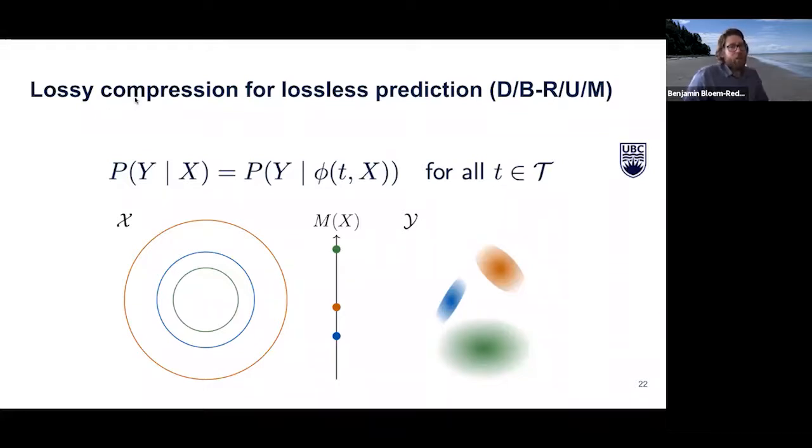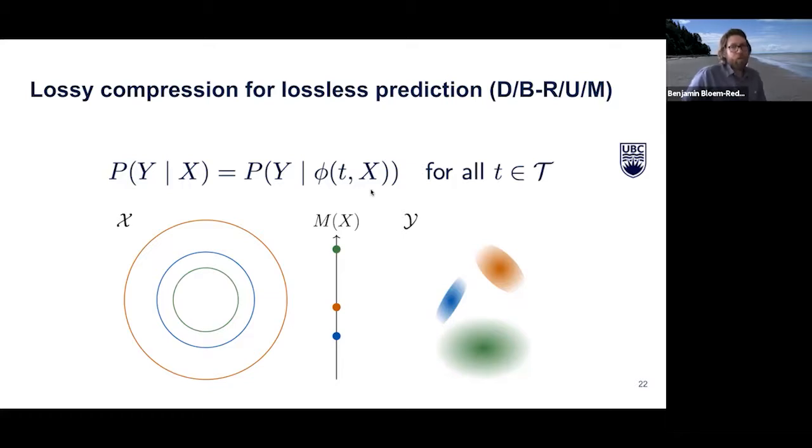The basic idea here is that rather than having a single task Y, say we have an image of a cat and we want to label that image as a cat, we might think of a whole suite of tasks downstream that we may not even know what the task is yet. But we might think that there's a whole collection of possible tasks that share the same invariant structure. So they might have different conditional distributions, but their conditional distributions are all invariant to the action of some set of transformations.